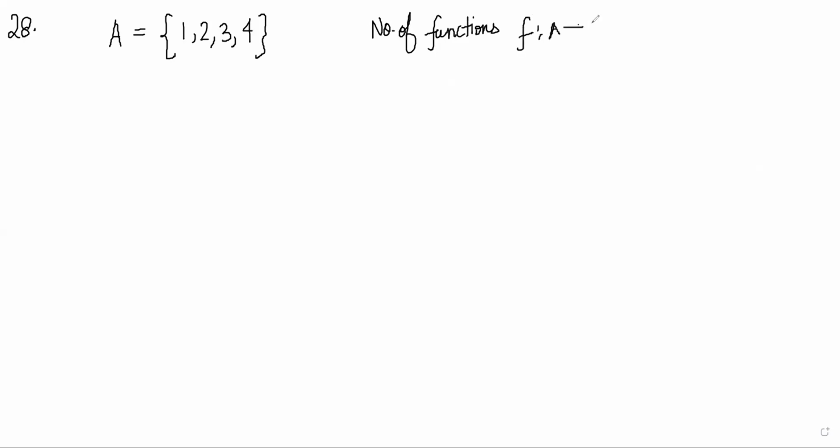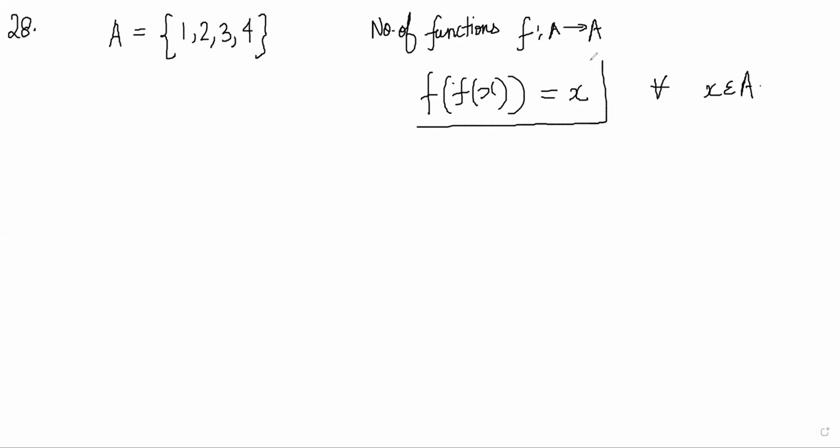So let A be a set 1, 2, 3, 4, and you have to find the number of functions from A to A, f from A to A, which satisfy f of x is equal to x for all x belonging to A. Number of functions which satisfy this equation.